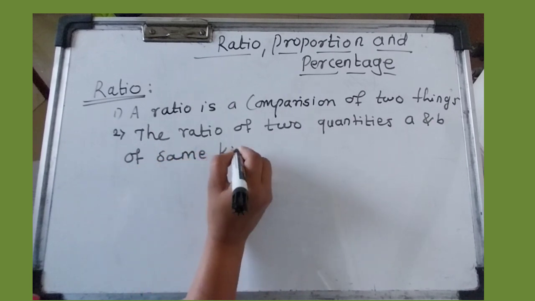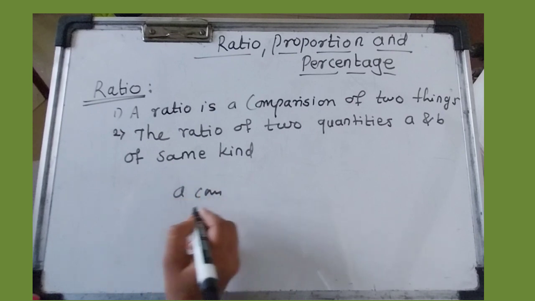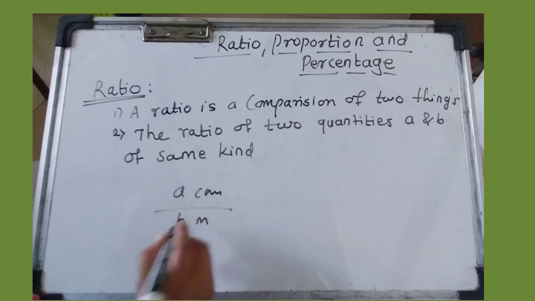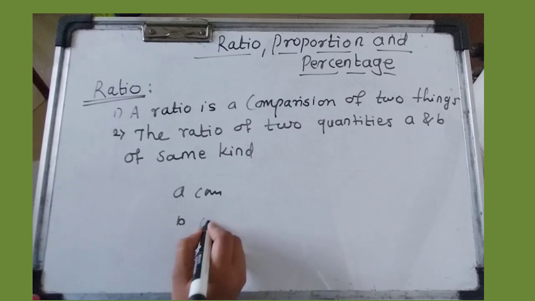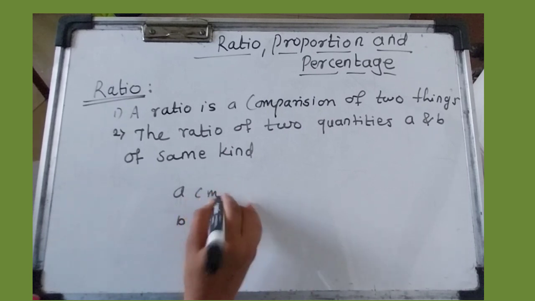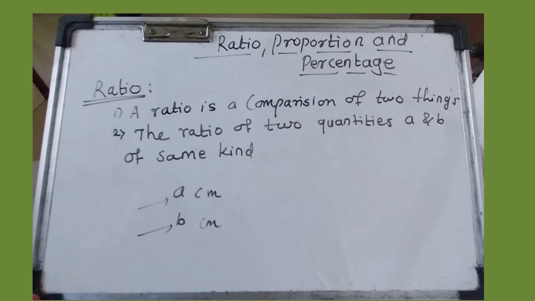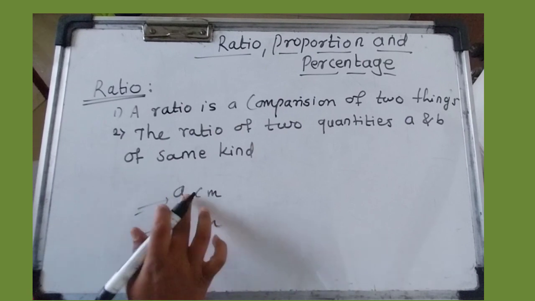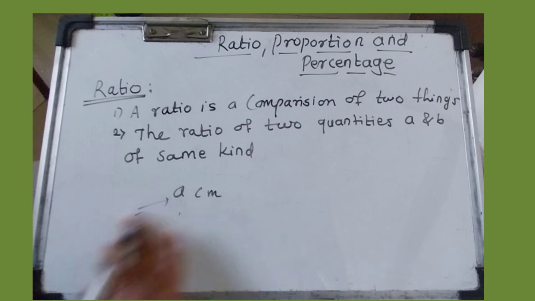Why do we write here "same kind"? Because suppose A is in centimeter and B is in meter, we can't take the ratio here. They are of the same kind, their unit must be the same. Marks of student, this is also marks of student. This is the number of girls, this is the number of boys. So their unit must be the same.